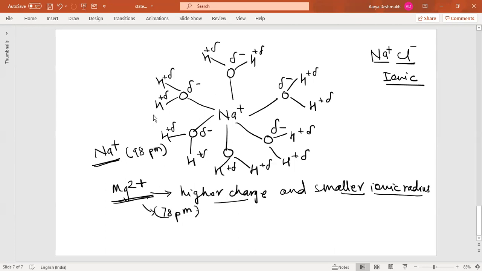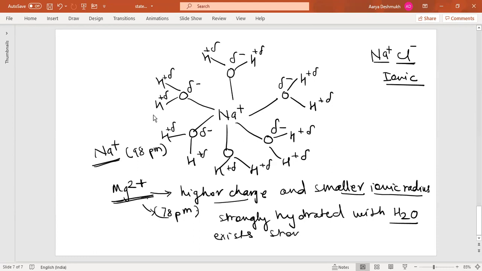Okay. So what is the effect of this? Hence the magnesium ion is more strongly hydrated with water molecules than sodium ions, and they show strong ion-dipole interaction.